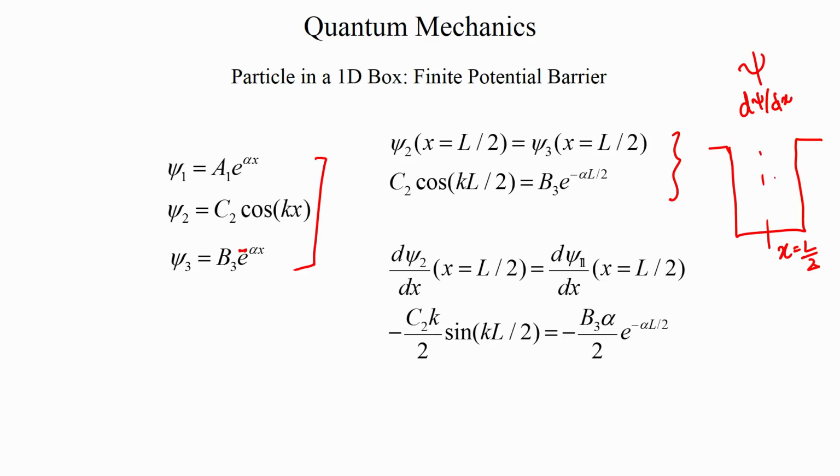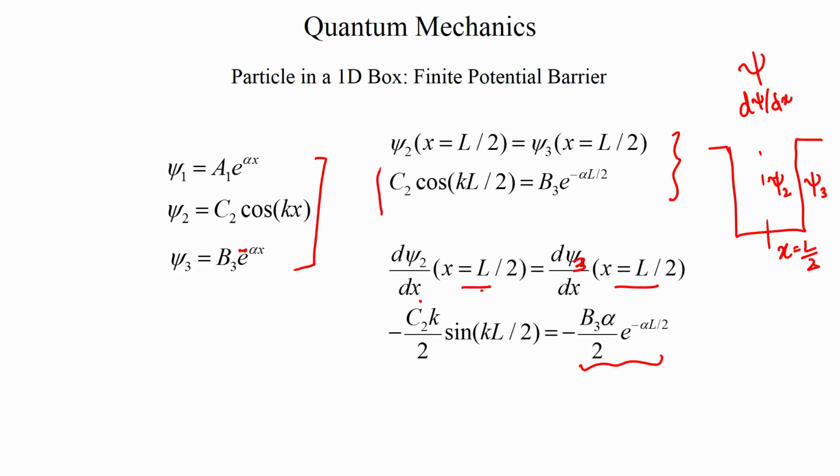Since the wave function has the form psi 2 in this region and psi 3 here, d psi 2 by dx at x equal to L by 2 must be equal to d psi 3 by dx at x equal to L by 2. The first derivative of the cosine yields minus C2 k sine of k L by 2, and the other side is going to yield this term.